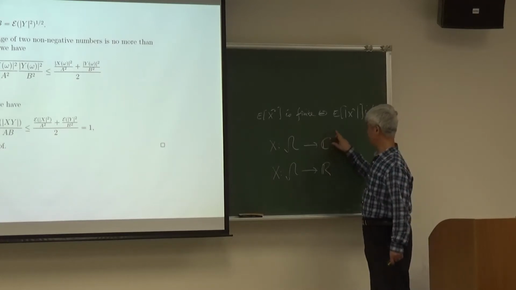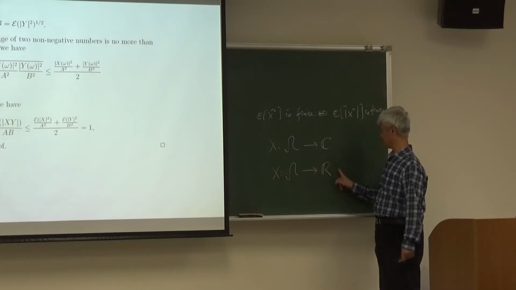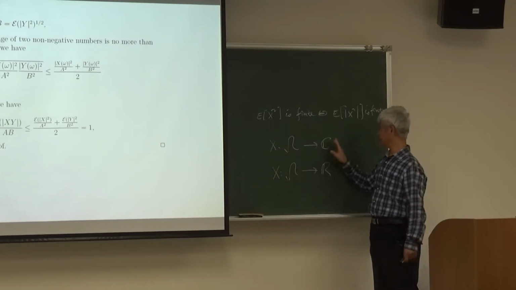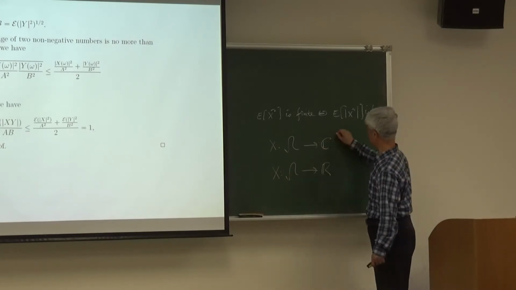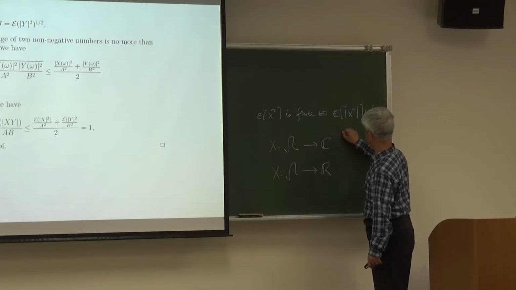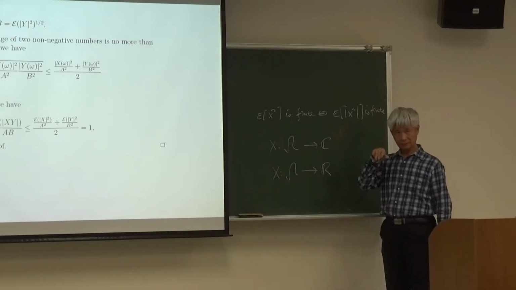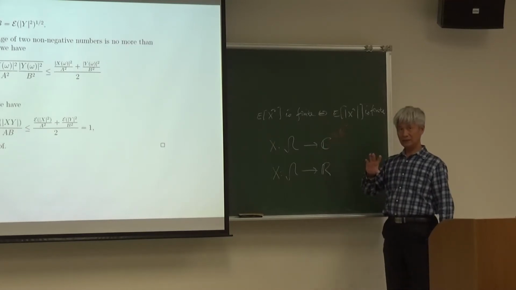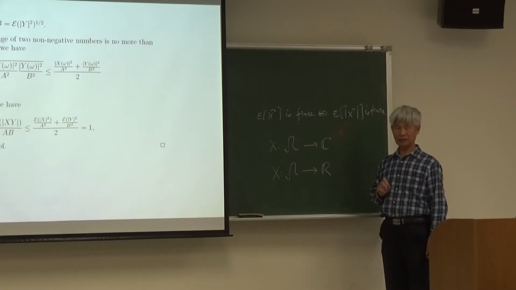So for every Borel set, for a real valued random variable, for every Borel set in R, the inverse mapping must be an event. Similarly, you can think about C as a real plane, because the geometry is just a plane, right? So a Borel set in C is the same as a Borel set in R squared.